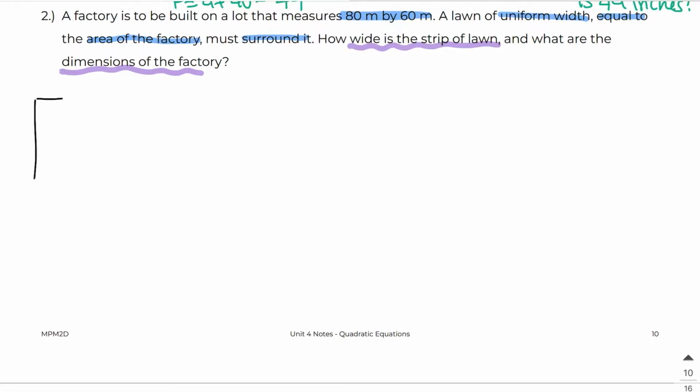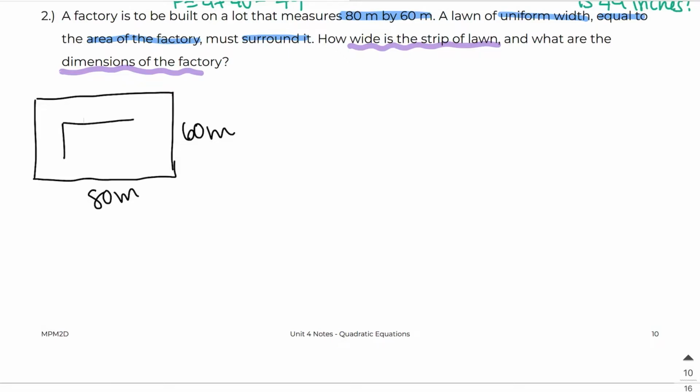So I want to draw a picture of what's going on here. So we have this lot right here, and we know this is 80 meters, and we know that this is 60 meters. Okay? Inside of the lot, we have a factory. And on the lot, we need to have a lawn that has uniform width, which means that this width right here, and this width right here have to be equal.